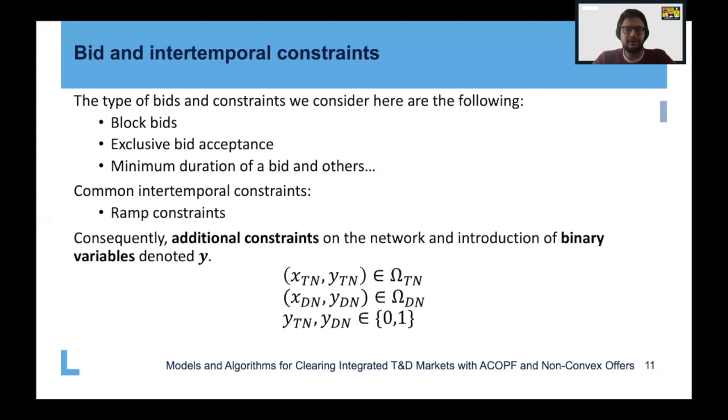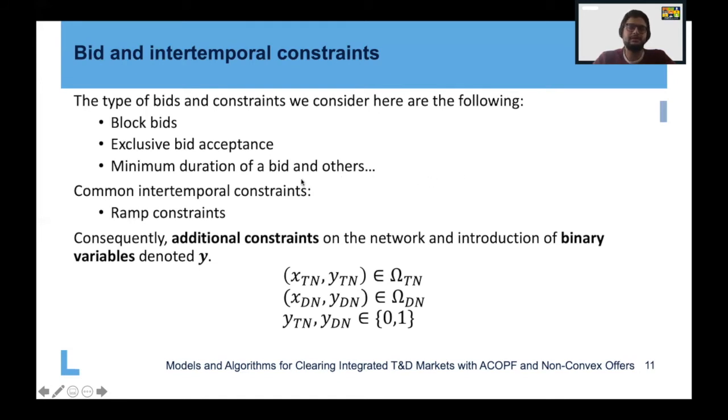And for bid constraints, we will assume the following. We will assume that we might have block bids. We'll assume that some bids can come with exclusive acceptance rules. For example, I submit three bids, but only one of them can be accepted. A bid can also have a minimum duration, etc. So I won't enter all the details.